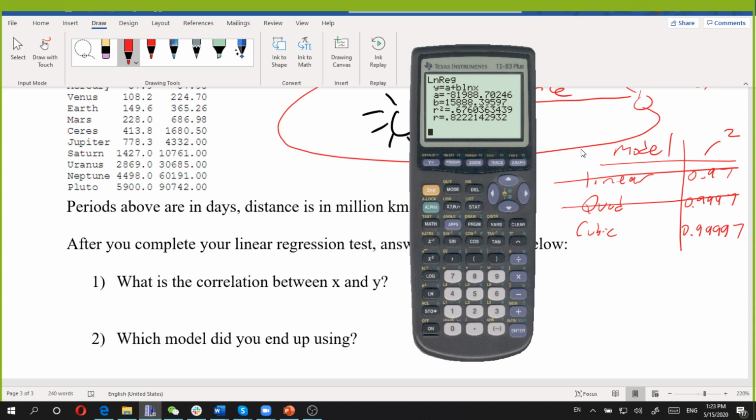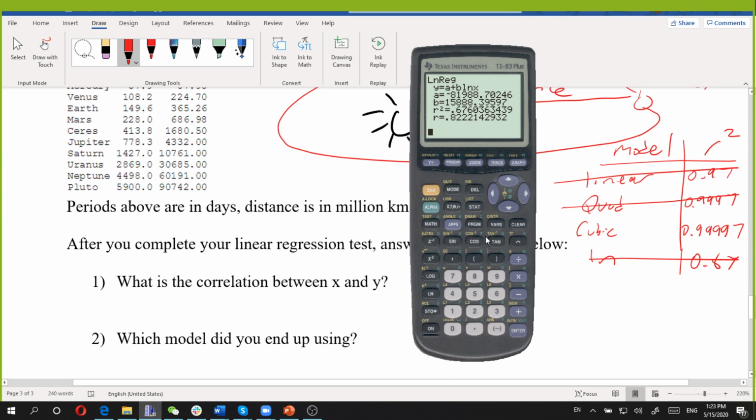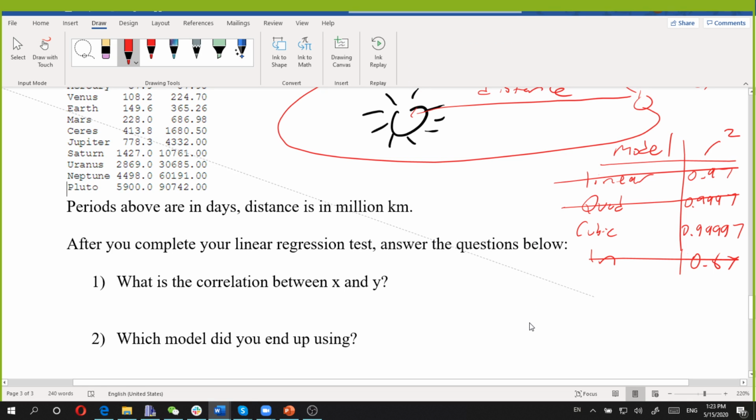And logarithmic is worse. Exponential also worse. 0.789.